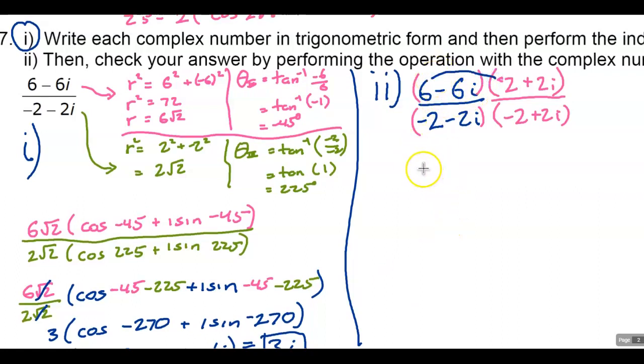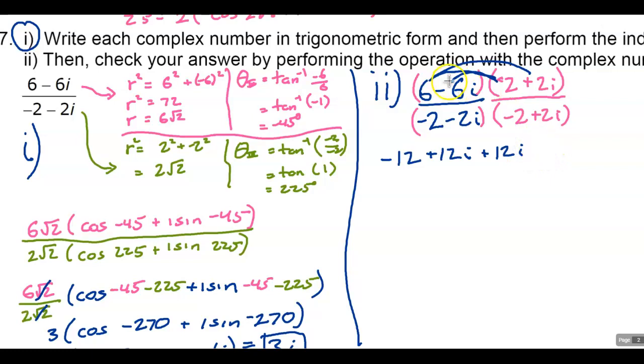Okay, so we got 6 times -2. We get -12. 6 times 2i, we'll get 12i. -6i times -2 is positive 12i. That's nice.